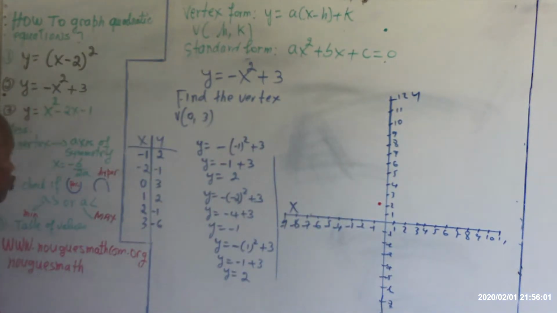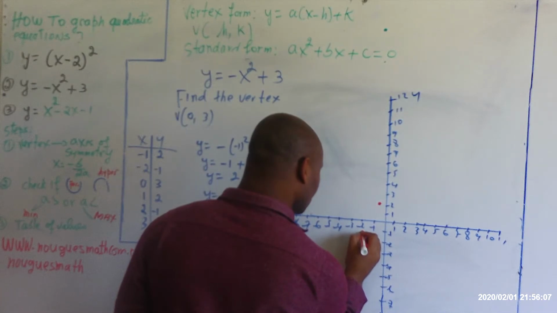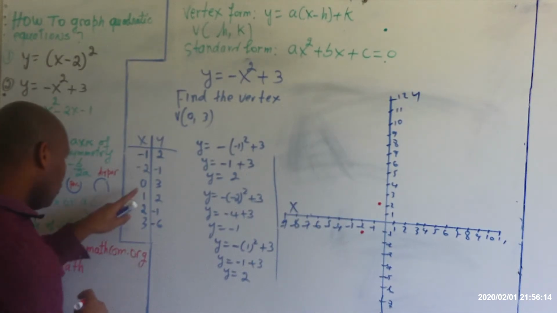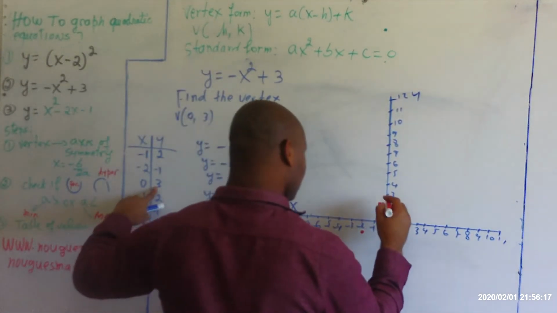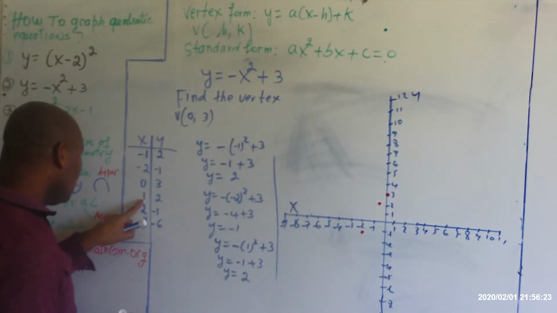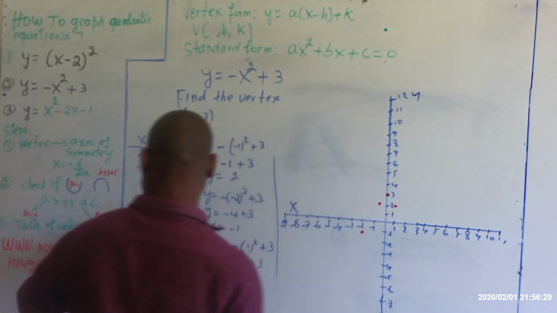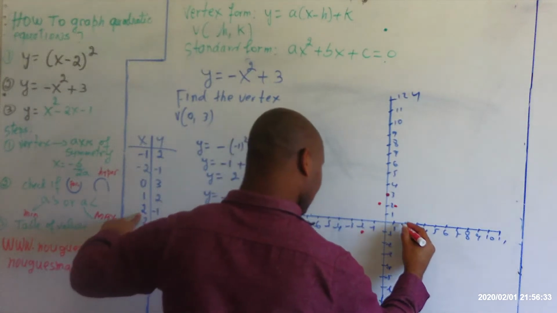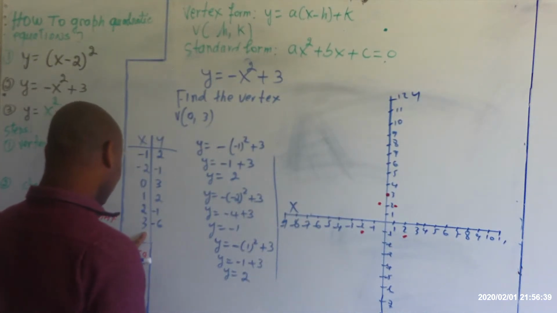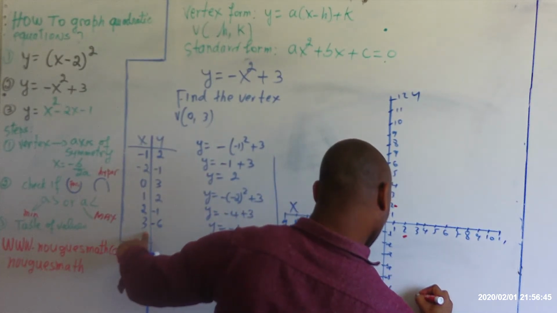Negative 2, negative 1, right here. 0, 3: 0 is X, 3 is Y, right here. 1, 2: X is 1, 2 is Y, right here. 2, negative 1, right here. Perfect. 3, negative 6, right here.